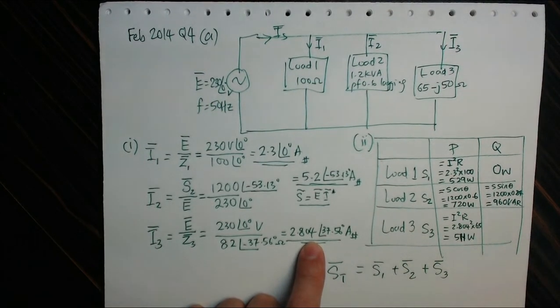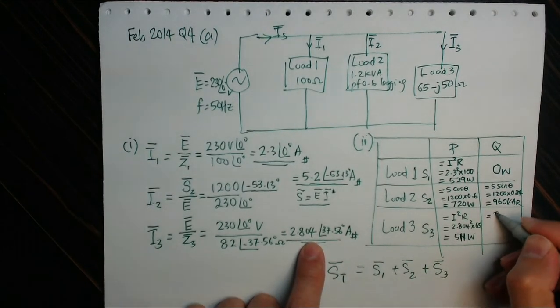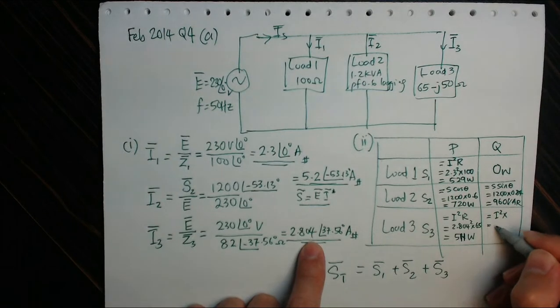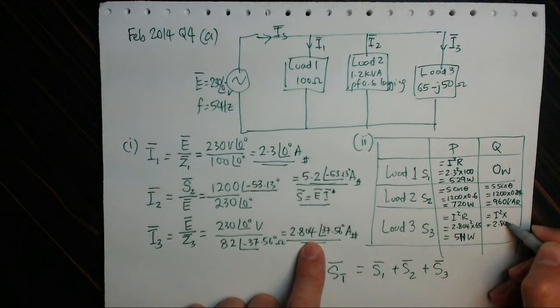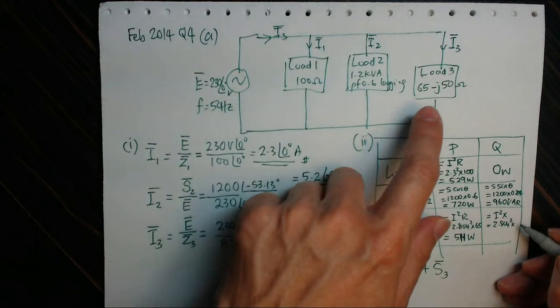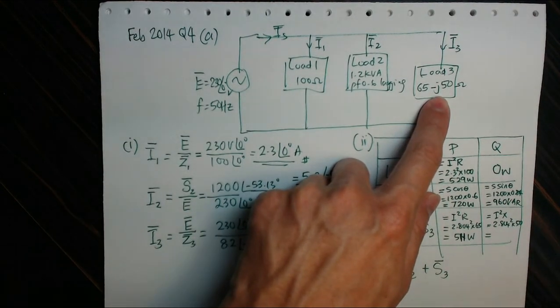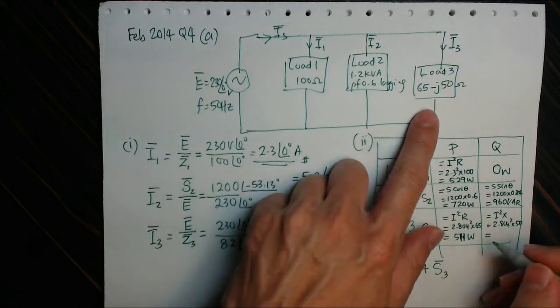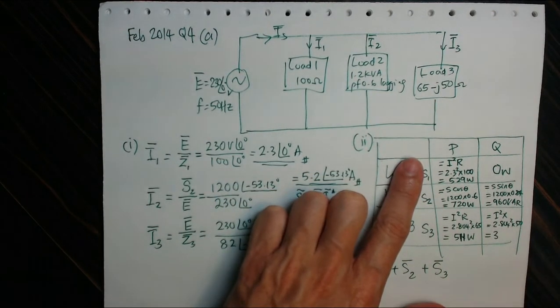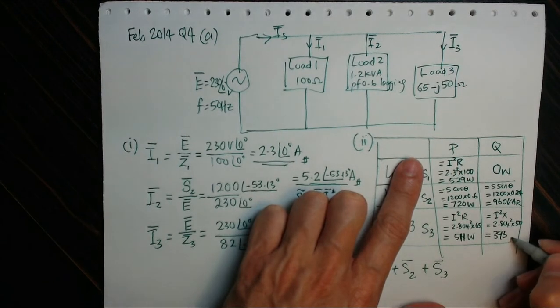Whereas for the reactive power, it is I squared X. That's 2.804 squared multiplied by 50. That's about 399 VAR. 393, sorry, 393 VAR.